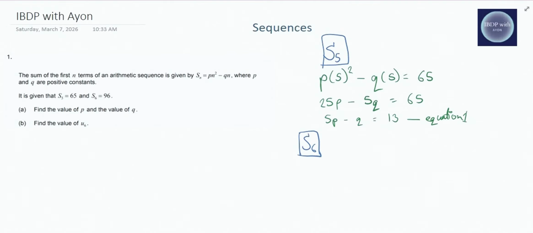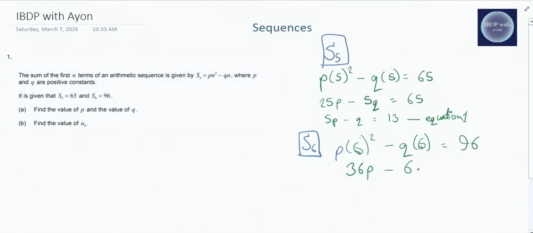Now for S6, plug 6 into the main formula and we will find 96. So the main formula with 6 plugged in gives 36p minus 6q equals 96.